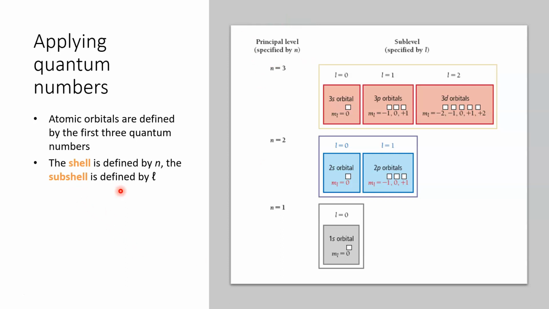And then the subshell is defined by L. So you have the subshell 0, or the subshell 0 or 1, or the subshell 0, 1, or 2. And then you'll notice that the number of subshells is the same as the principal quantum number. So for principal quantum number n equals 1, there's only one subshell. If it's 2, there's 2 subshells. If it's 3, there's 3 subshells, and so on.